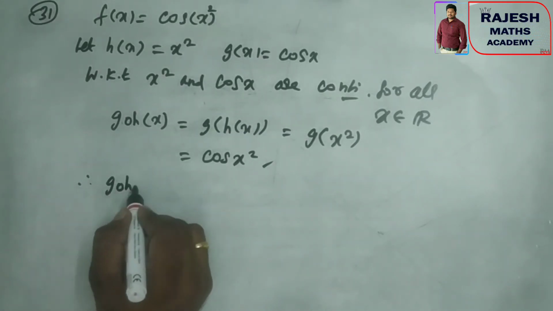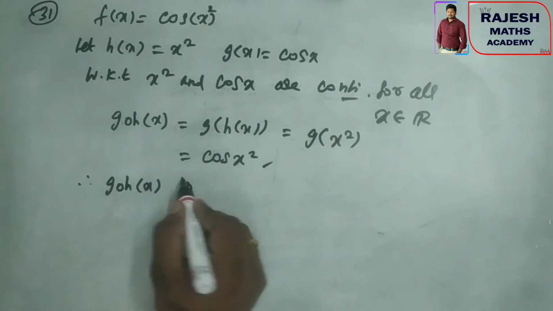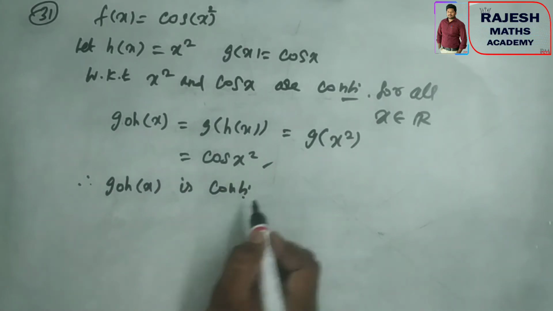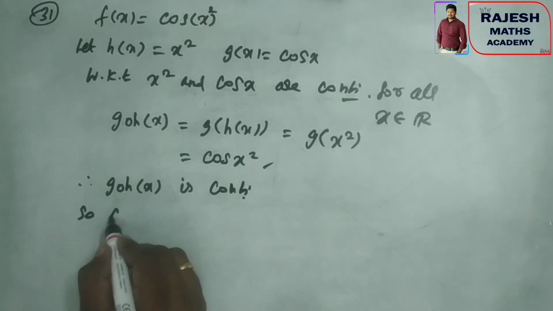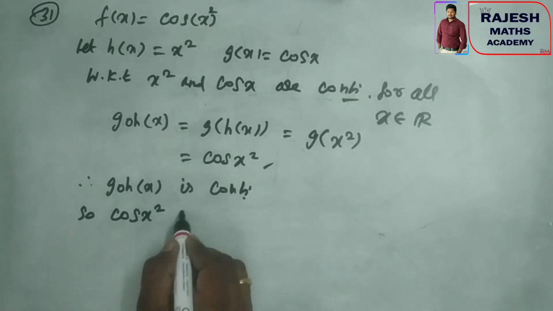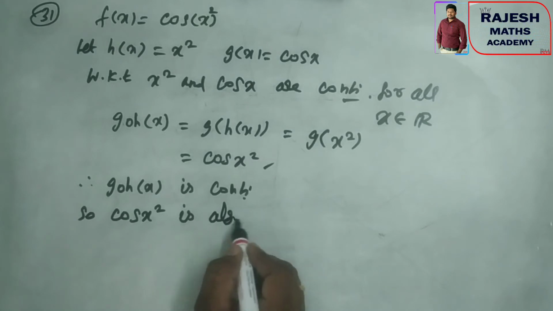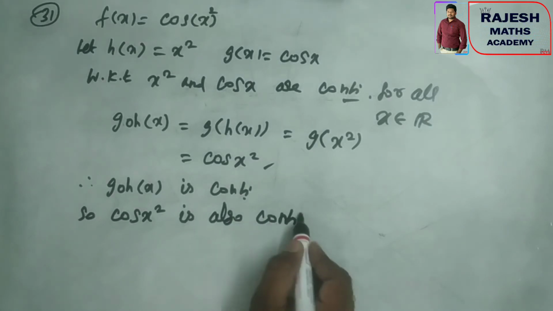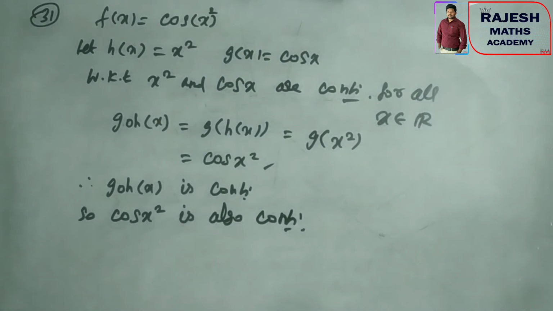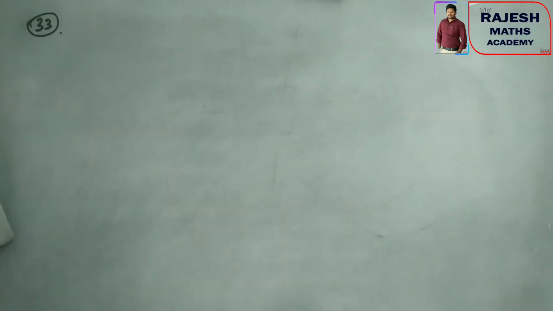Therefore g composition h of x is continuous, so we can say that cos of x square is also continuous. Clear?